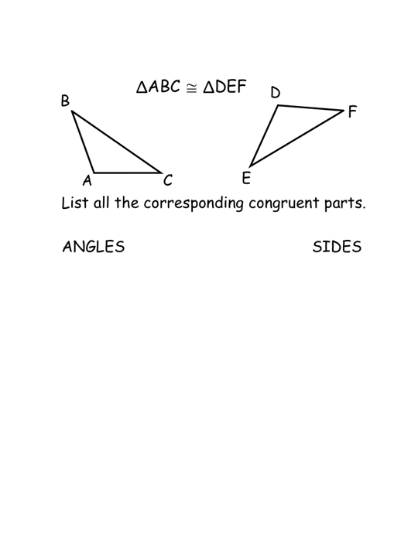So if we look at what's given to us on the top, it says triangle ABC is congruent to triangle DEF. Since A is first and D is first, that means angle A lines up with angle D. So angle A corresponds or is congruent to angle D. Since B is second and E is second, that means B and E correspond.